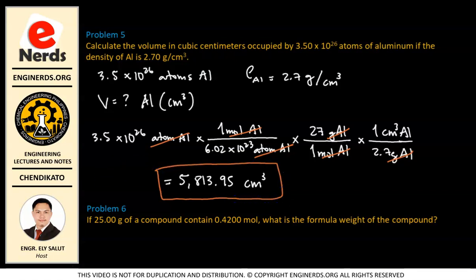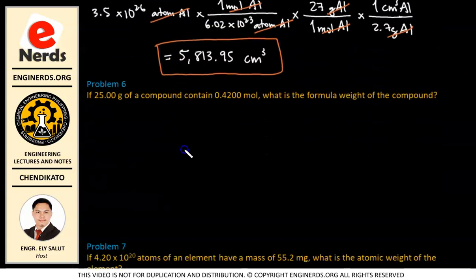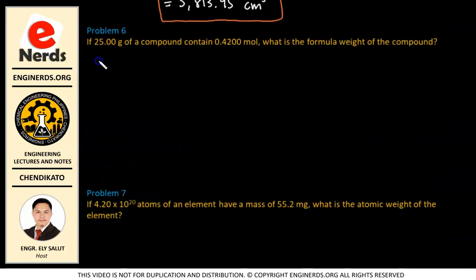All right, so now let's go to problem number 6. If 25 grams of a compound contains 0.42 mole, what is the formula weight of the compound? This shouldn't be really difficult because we know that the formula weight has a unit of grams per mole.